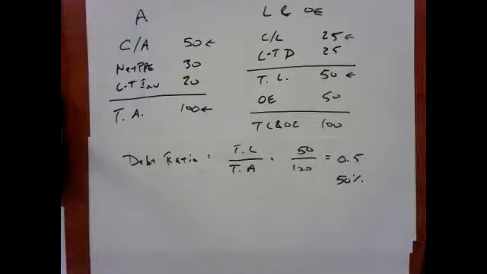So there is a Goldilocks kind of number that you want to shoot at. For hospitals, it's somewhere around a 40% debt ratio. For a nursing home, it's more like 70 or 80%. So it depends on the industry you're in, but there are benchmarks that say what your debt ratio ought to be at or around.